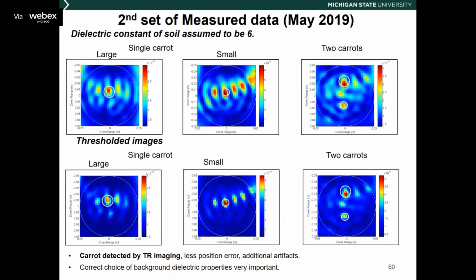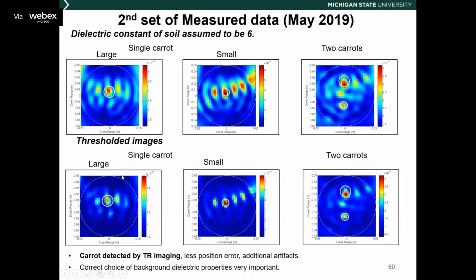Here, with simple thresholding, you can clearly see the improvement over the first set of measurements a few months earlier in 2019. The reconstructed data clearly show you the location of the roots. And the roots actually appear at the highest intensity location. So you can do thresholding to further enhance the results and achieve less position error.